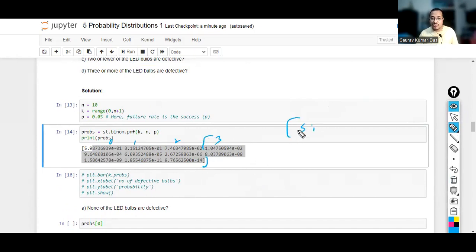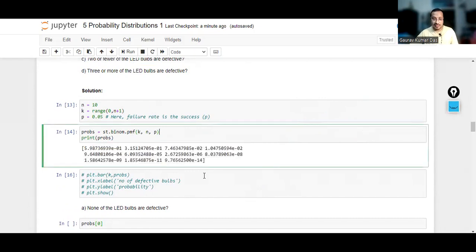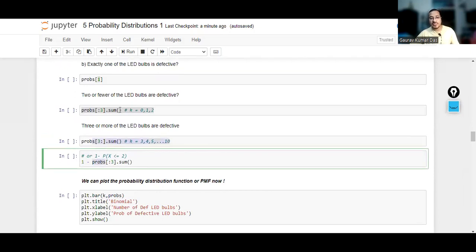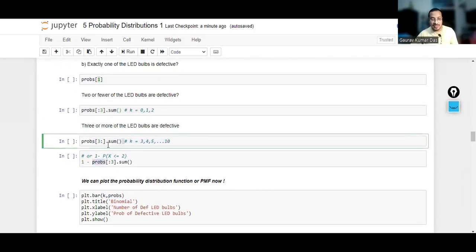These are cumulative probabilities, because they are asking for 3 or more bulbs, the total probability of 3 or more bulbs being defective. Or you can subtract the previous probability from 1. Same thing. 2 or less we have already found out, so we can subtract 2 or less from 1 to get 3 or more. Very simple.